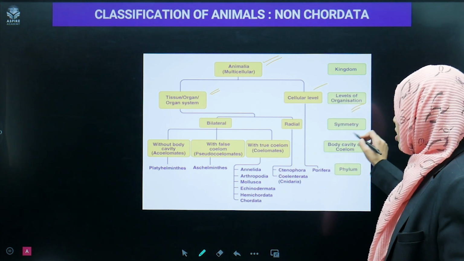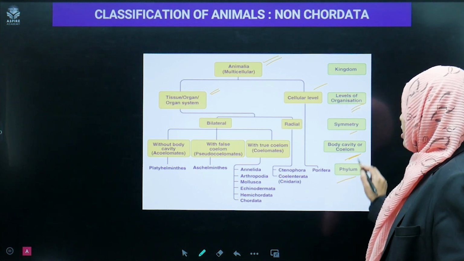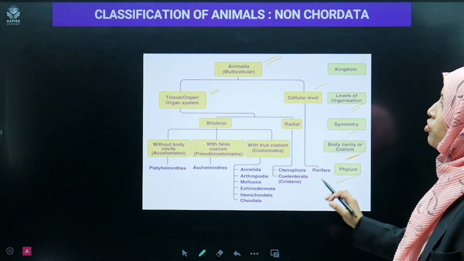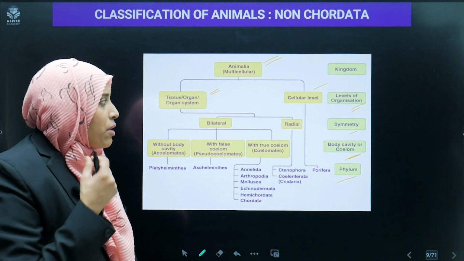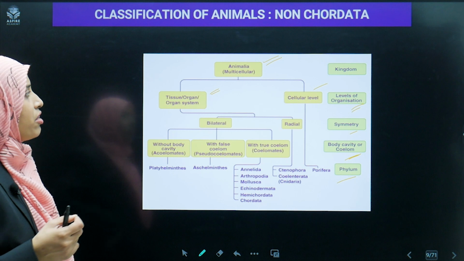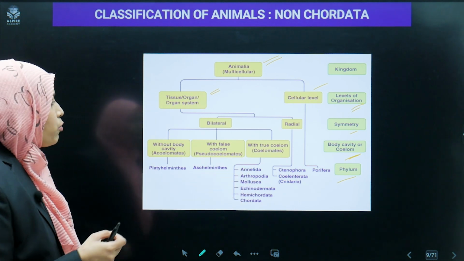What the symmetry is like, whether a body cavity is present or not, and the phylum, here you can see. So we are going to see which type of symmetry and which type of body organization is formed in the different phyla, especially the phylum here.